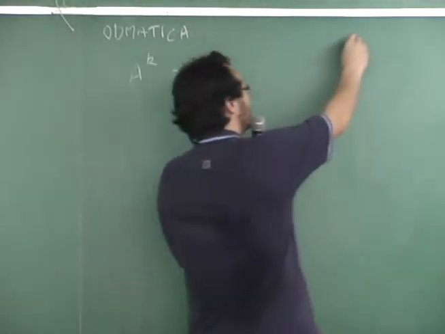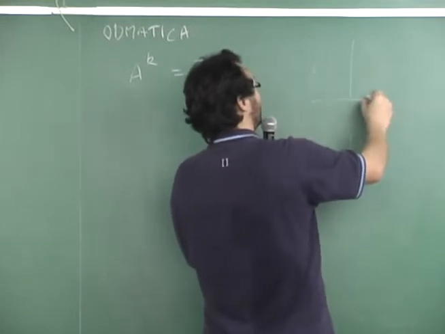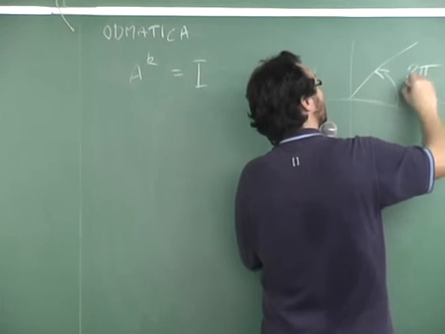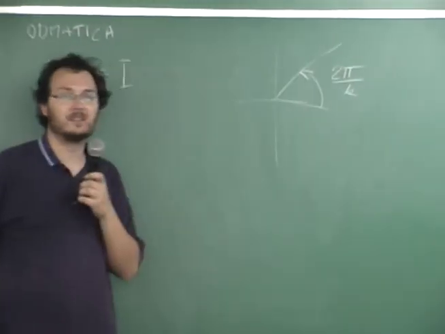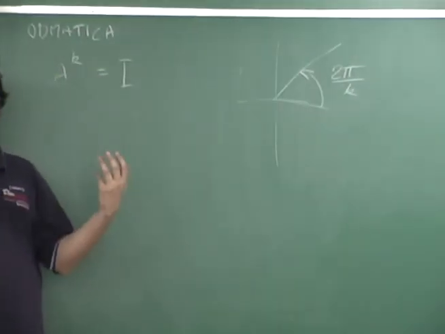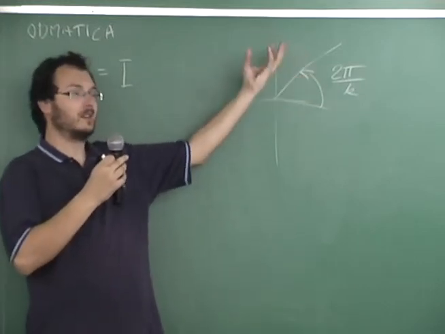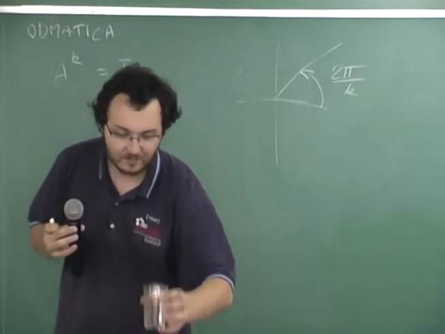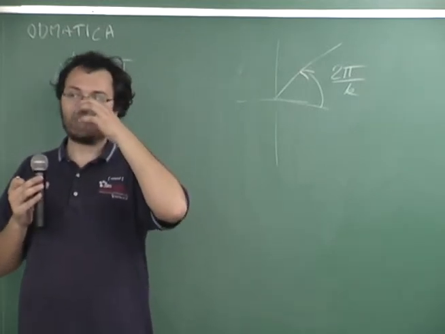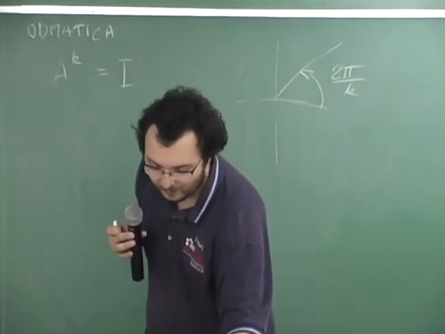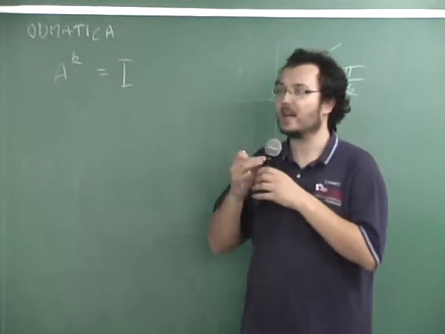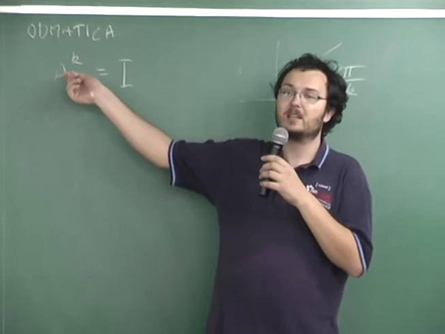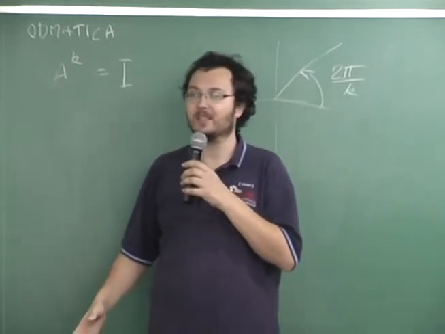If you take the plane and rotate the entire plane by the angle 2 pi over k, this is exactly the transformation you need, because after rotation k times, you will get to the same state where you started. So basically what this task boils down to is, in the n-dimensional space, produce a suitable rotation matrix.